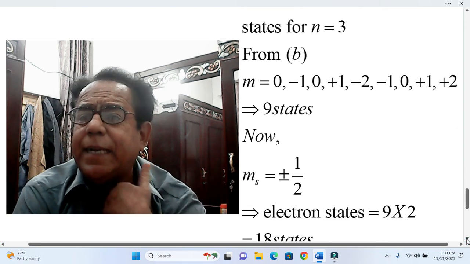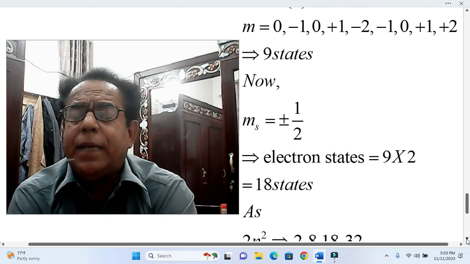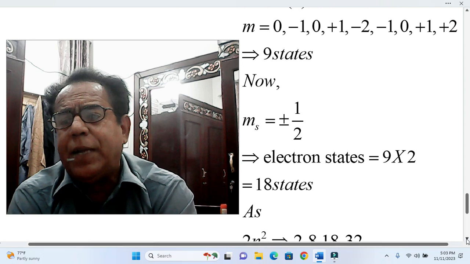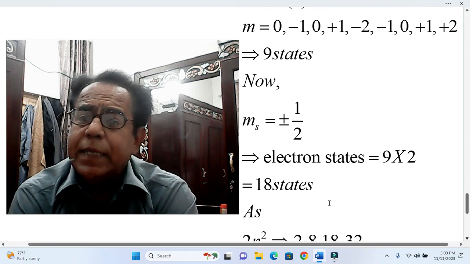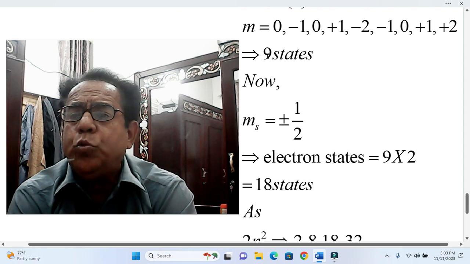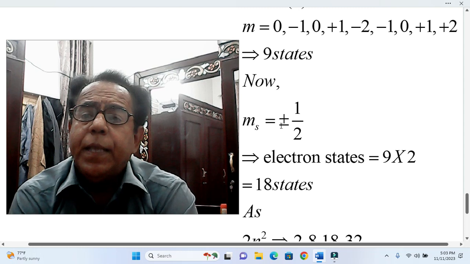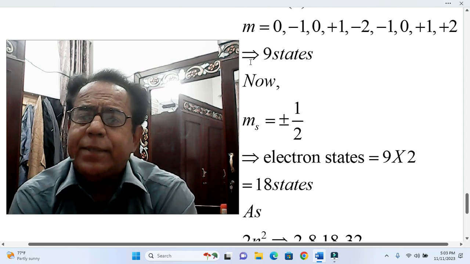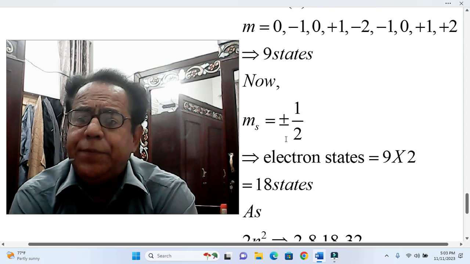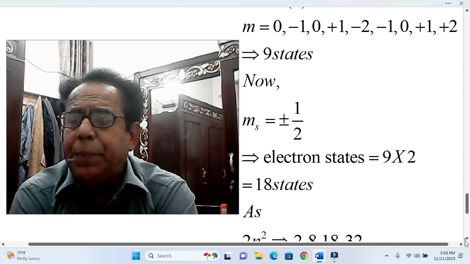Now m_s, that is the spin magnetic quantum number, is always either plus half or minus half. This implies that electron states become equal to 9 multiplied by 2, because these are 2, either plus or minus, and hence electron states will become 18.